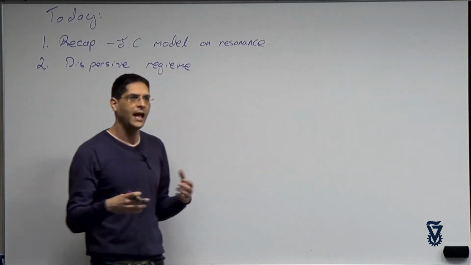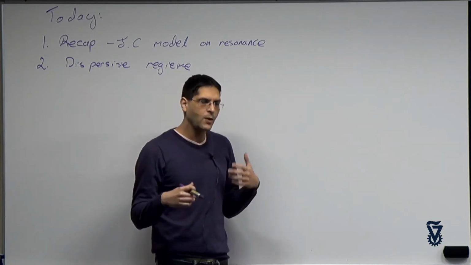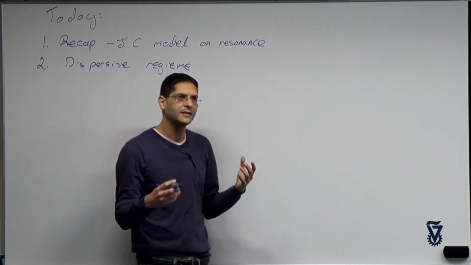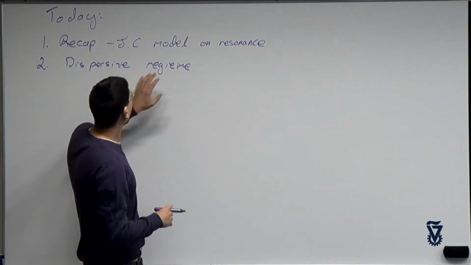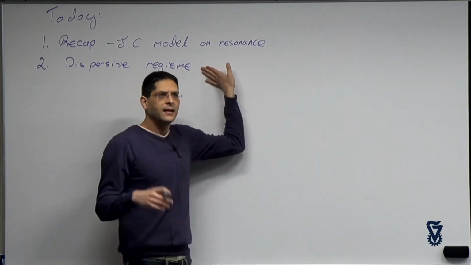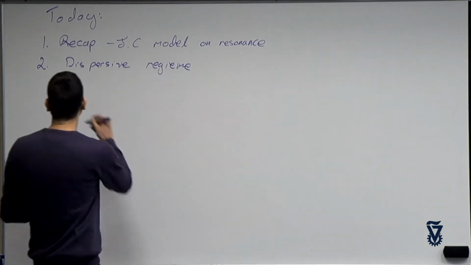I will explain how that system works, and then we're going to look at experiments that were done in that system and how features of the Jaynes-Cummings model come into play, both on resonance and in the dispersive regime. Okay, so that's our plan for today.